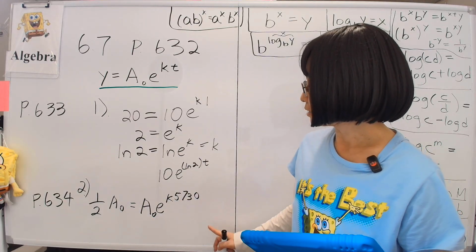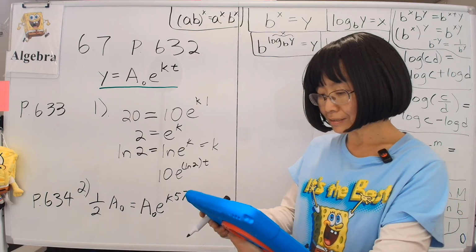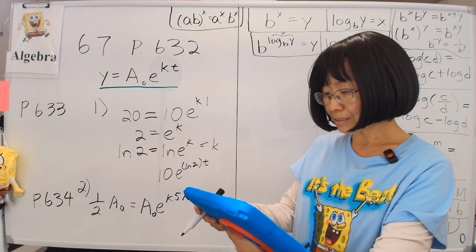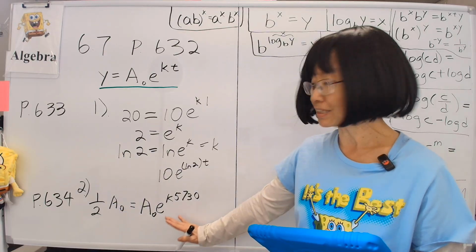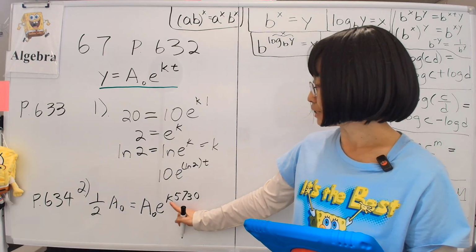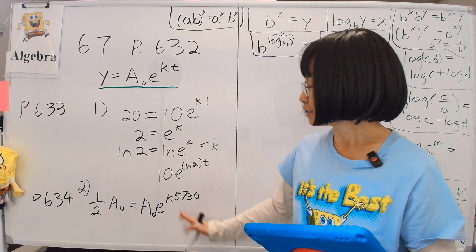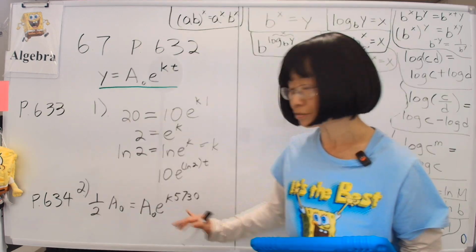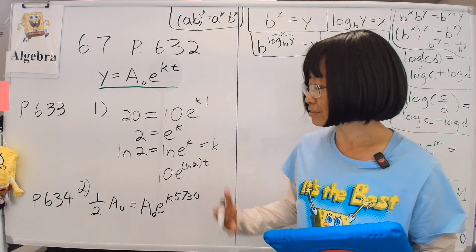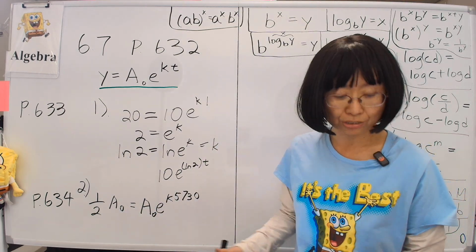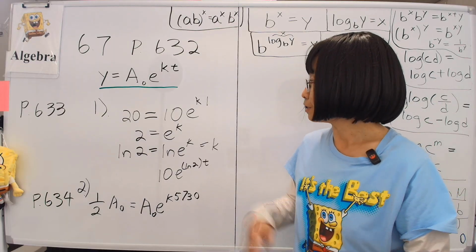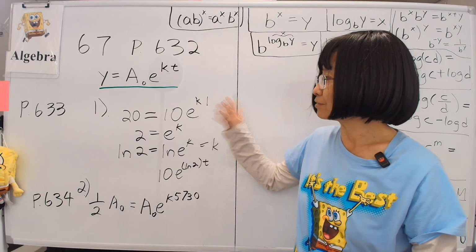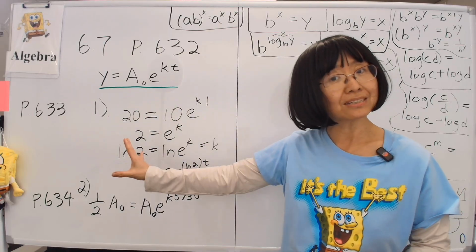And then, what is the question? We need to find the formula for this object, and to do that, we need to figure out what k is. Now, in this formula, you notice we have 2 variables. Normally, we can't solve an equation that has 2 variables, because normally what you do is isolate one of the variables and kick everything else to the other side.